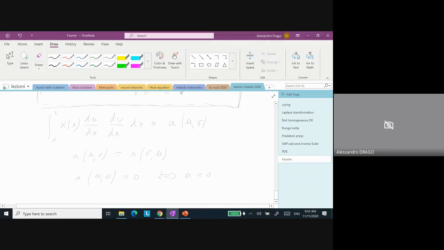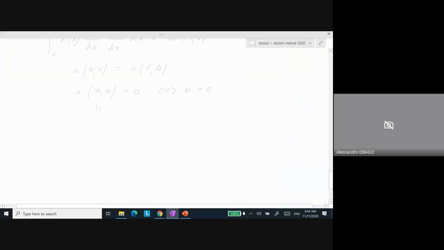This last point is easy to check. If I put here u and u, of course, this quantity is just the integral between 0 and L of k of x, du over dx squared, integrated dx.